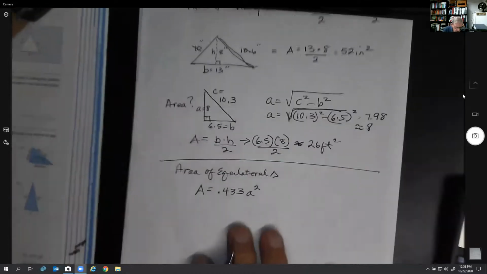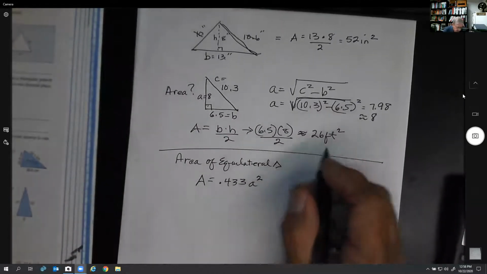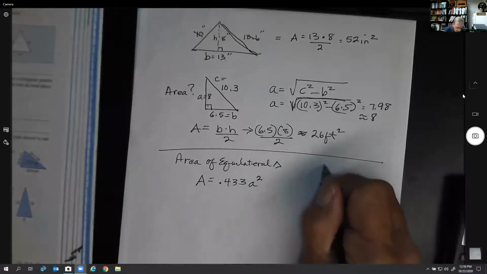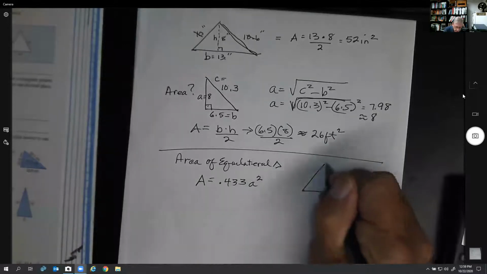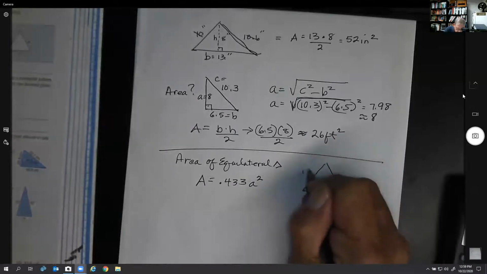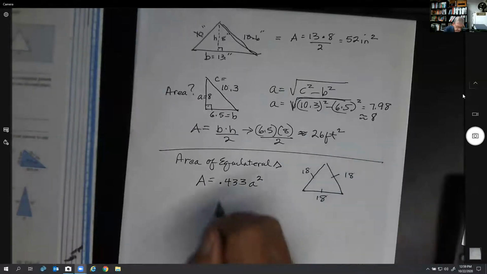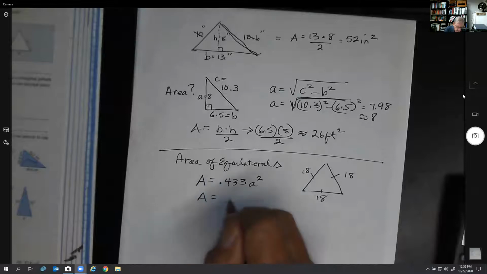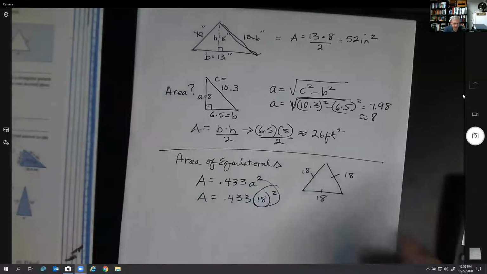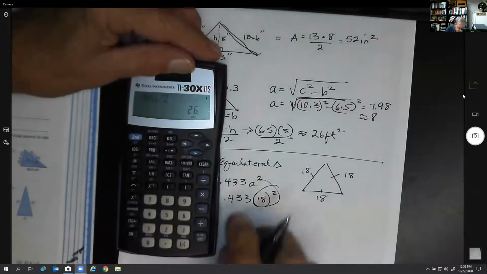In this book, when you have a missing side, they call that A. So an equilateral triangle, all the sides are equal. So let's say this side right here was 18. We know all the sides are going to be 18. And area is just simply 0.433 times 18 squared. We have to square the 18 first and then multiply by that constant.